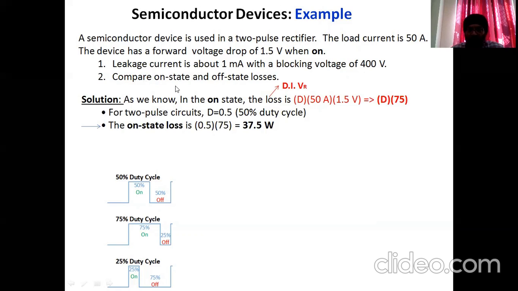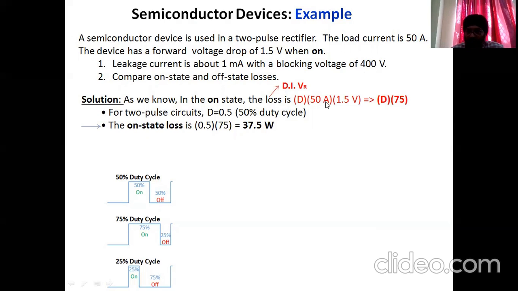So we need to compare on state and off state losses. During on state, the loss is the on state current and the on state voltage multiplied together for how long this switch was on, which is denoted by duty cycle D. So we need to multiply this.